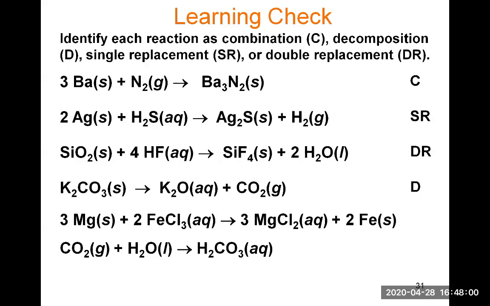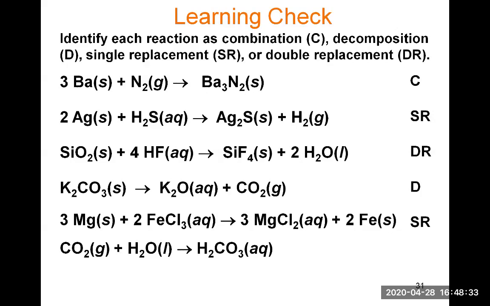And on the other side, we have magnesium with chlorine making a compound and iron by itself. So we started with an element and a compound, and the compound changed its structure by taking the magnesium in and leaving the iron out. So now we have a new compound and a different element. So that's a single replacement reaction.